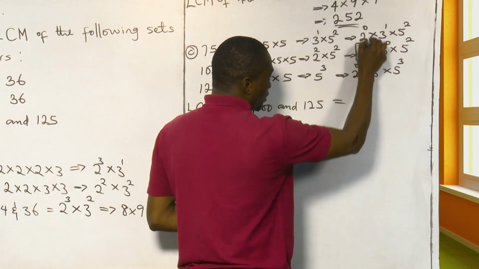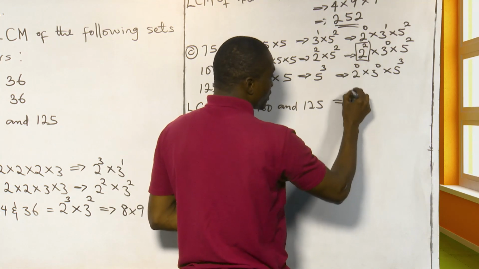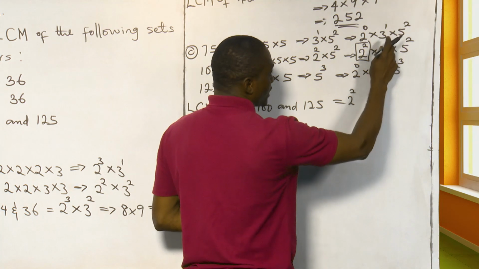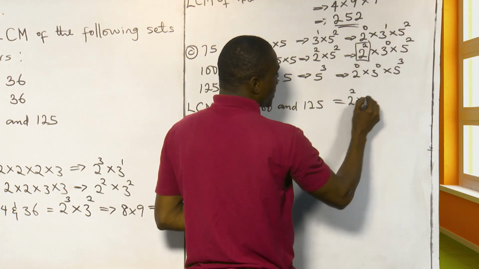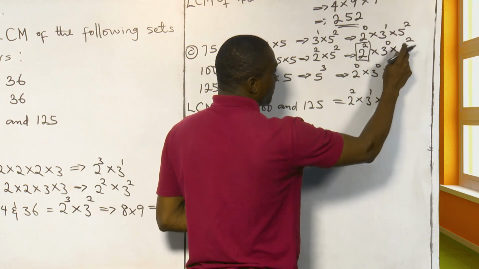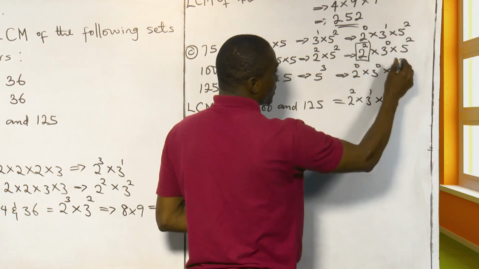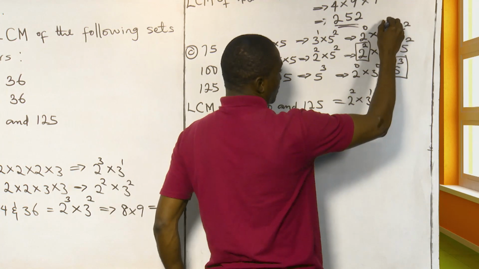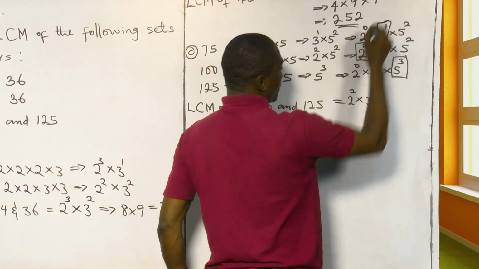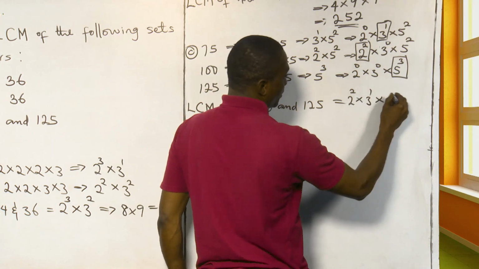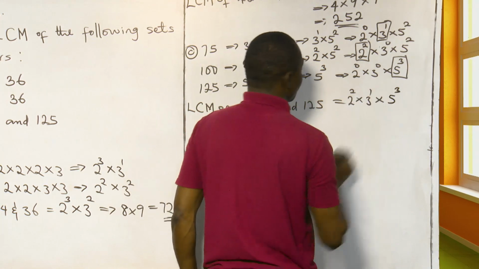This is what we are using, 2 raised to power 2. 3 raised to power 0, 3 raised to power 0, 3 raised to power 1. We are using 3 raised to power 1. Multiplied by 5 raised to power 3, 5 raised to power 2, 5 raised to power 2. This is the one with the highest, the highest power of base 5, 5 raised to power 3.